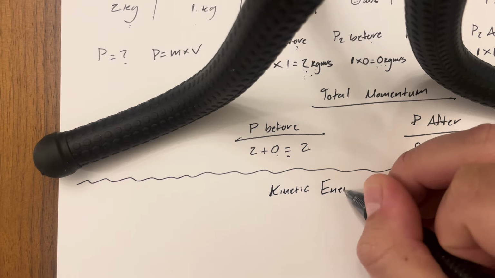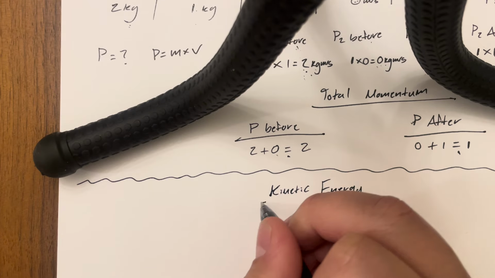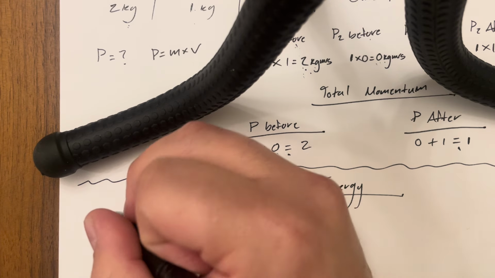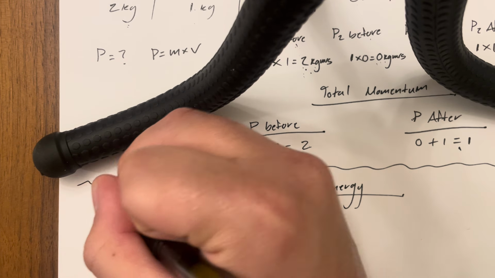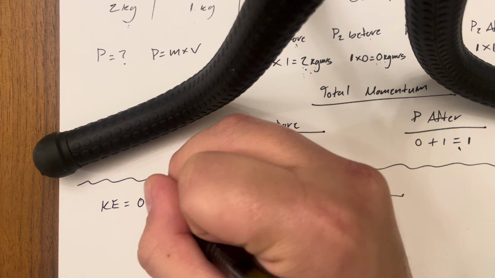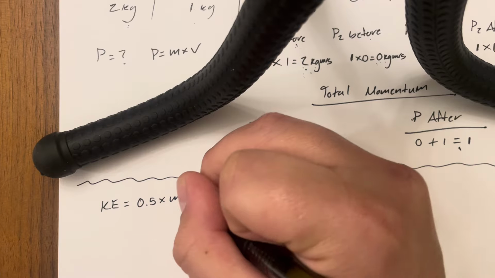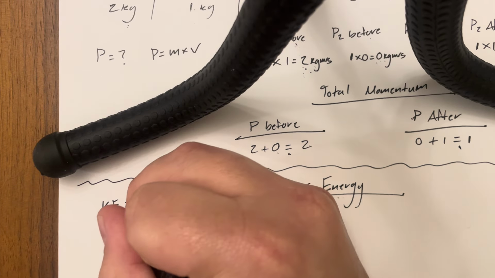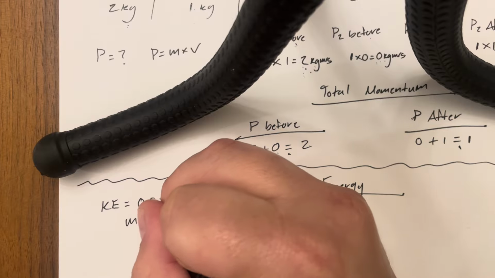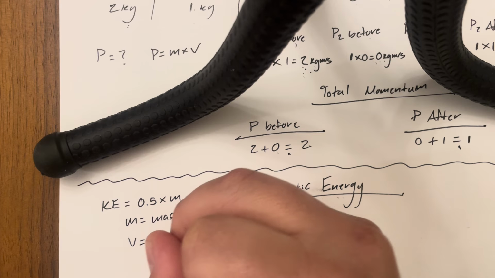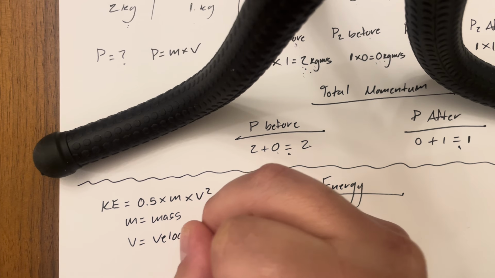Remember our equation for kinetic energy, I'll write it over here: KE equals 0.5 times M times V squared. Remember, M is your mass and V is your velocity.